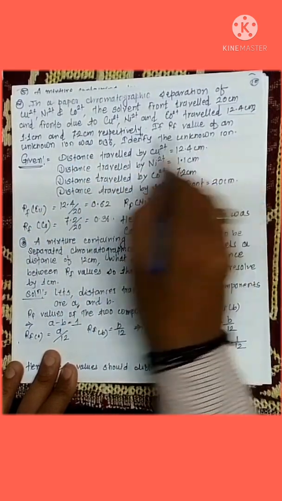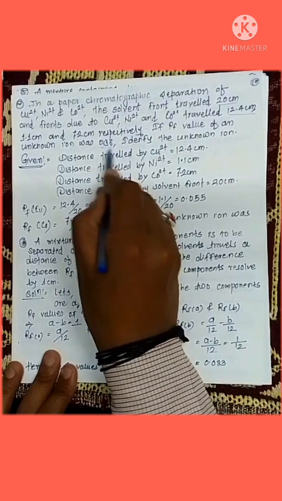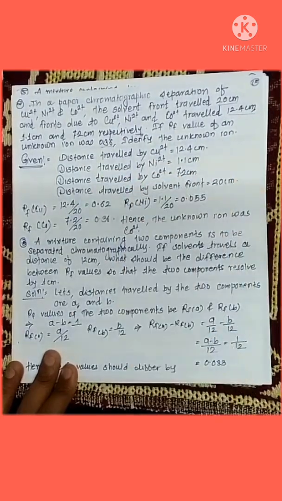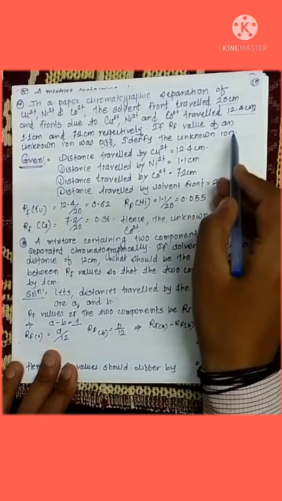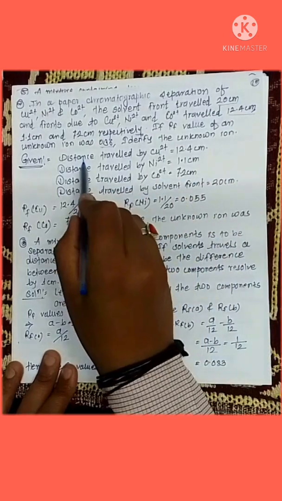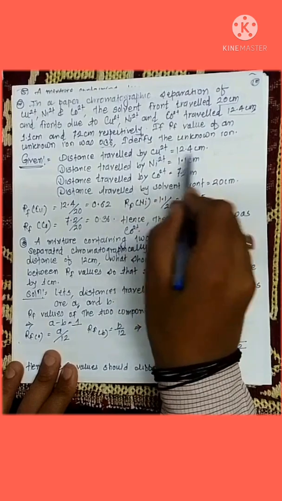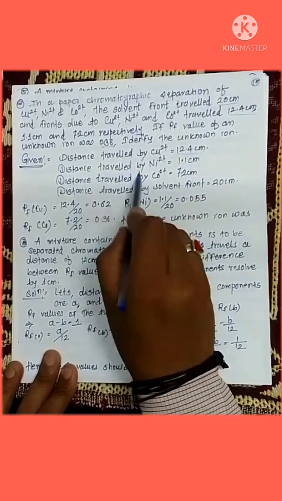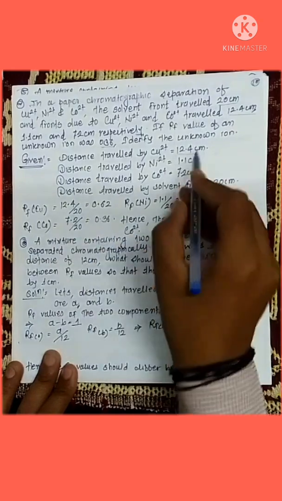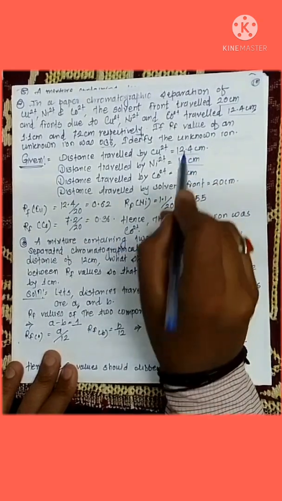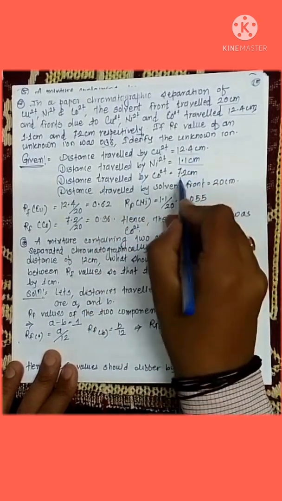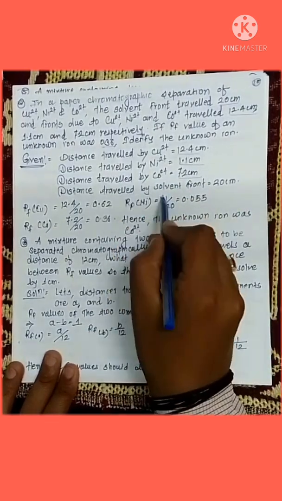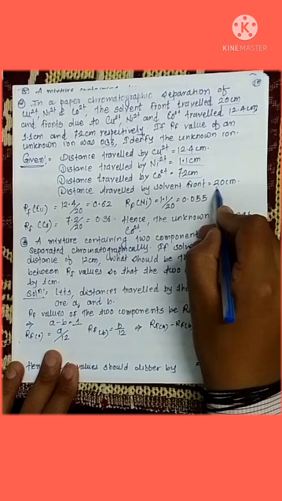If the RF value of an unknown ion was 0.36, identify the unknown. So first we are going to write the distance traveled by copper 2+, that is given 12.4 cm. Distance traveled by nickel 2+ is given as 1.1 cm, and distance traveled by cobalt 2+ is given as 7.2 cm, and the distance traveled by the solvent front is 20 cm.